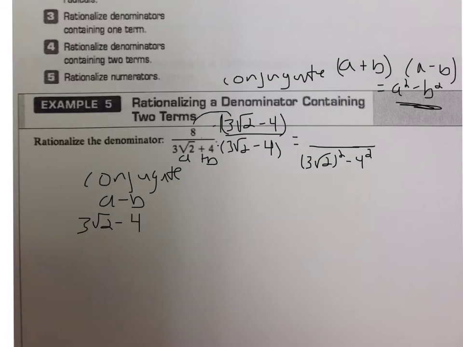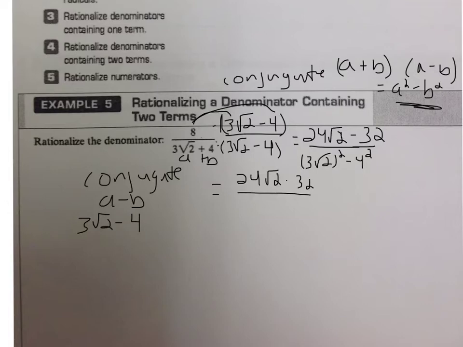I'm going to take 8 times 3 times the square root of 2, so I multiply the 8 and 3. That's 24 times the square root of 2. And I'm going to take 8 times 4, so that's minus 32. Okay, so the top is pretty much done for now: 24 square root of 2 minus 32.